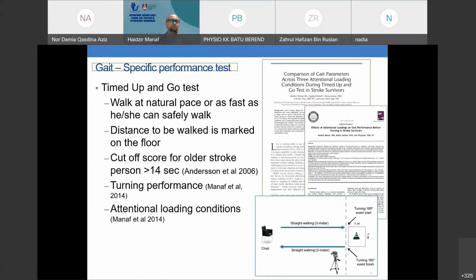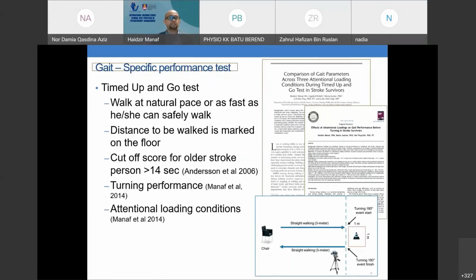The other outcome measure that can be used to measure gait performance is the Timed Up and Go test. The TUG test is a performance-based tool used to assess balance and mobility performance, as well as turning ability in populations with prior diagnosis, and can be used for stroke patients.